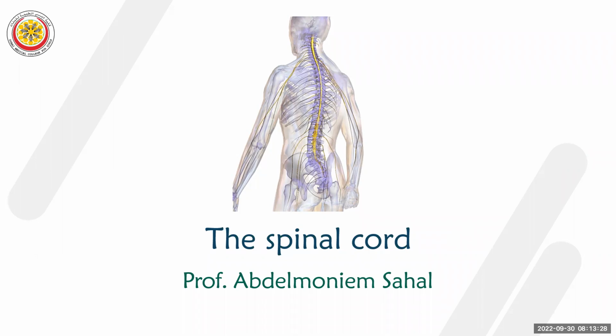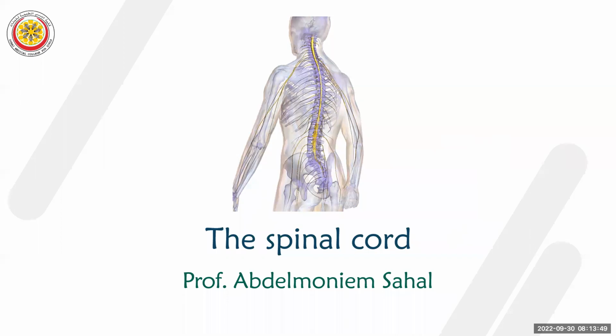For example, you might have noticed that the brain has its gray matter on the surface and on the inside. And this is the only place where you find gray matter of the central nervous system on the surface, which is the cerebral cortex and the cerebellar cortex.